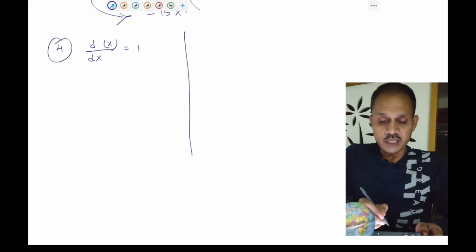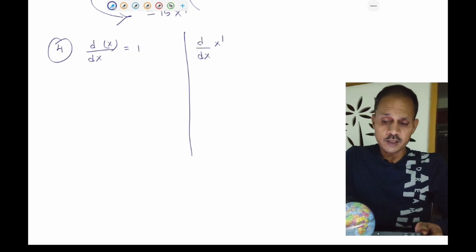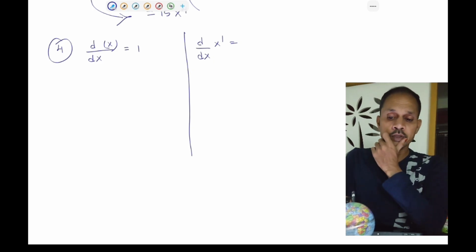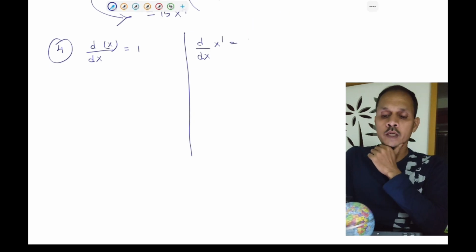Let's find out. d by dx of x can be written as d by dx of x power 1. Right? x can be written as x power 1. And it is in the form of x power n. Then what is the equation? n x power n minus 1. Here n is 1. So the answer is 1 into x power 1 minus 1.